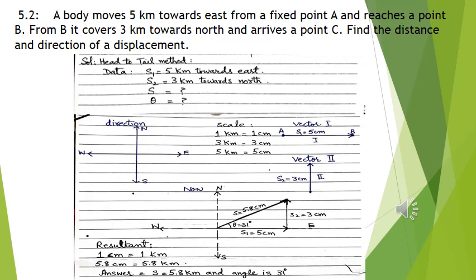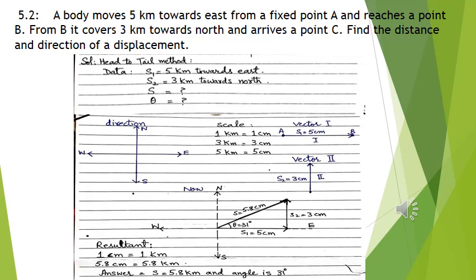Now on your right hand with blue marker, I have drawn vector 1 towards east. As you can see, from point A to point B, S1 is equals to 5 centimeter and it is vector 1. Now vector 2 is 3 centimeter towards north.